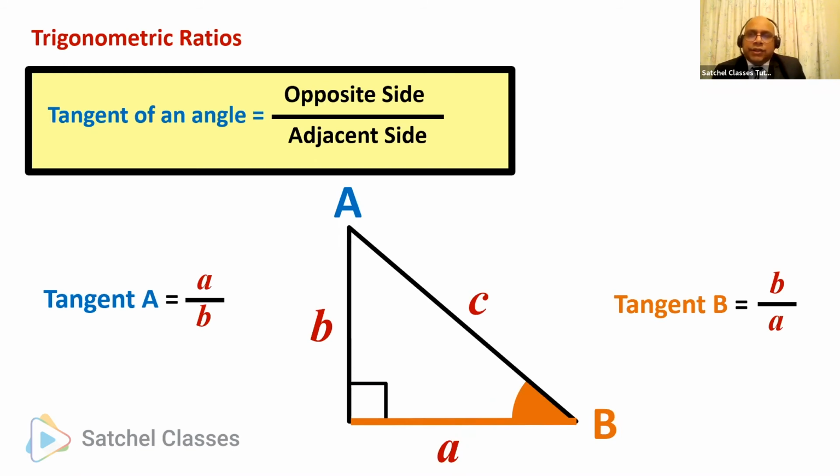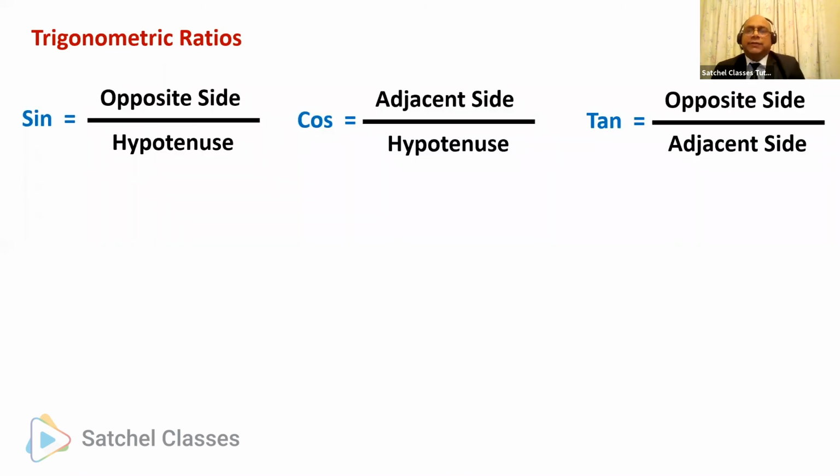So tangent of angle A is A over B, while tangent of angle B is B over A. Tangent, in short, is also referred to as tan. Let us then summarize the trigonometric ratios that we learned. So sine is opposite over hypotenuse, cos is adjacent over hypotenuse, and tan is opposite over adjacent.